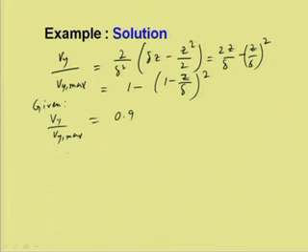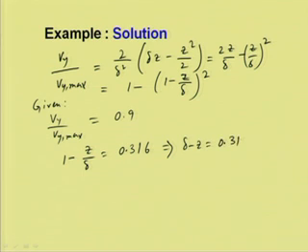So, if we substitute in this equation, 1 minus z by delta would be equal to 0.316, and from this we can write delta minus z is equal to 0.316 delta, which is equal to 8.03 into 10 to the power minus 5 meter.